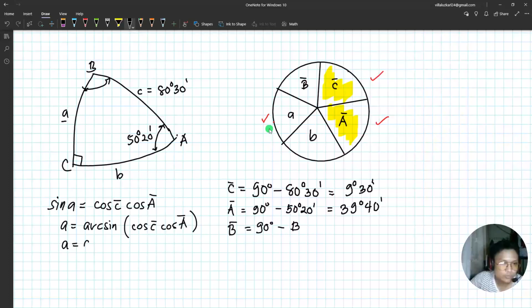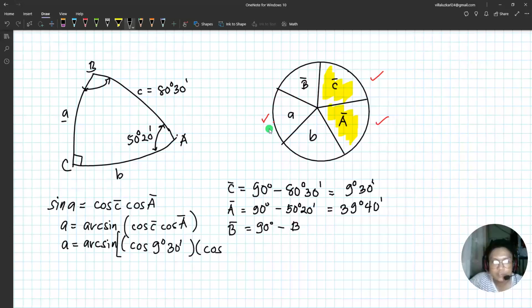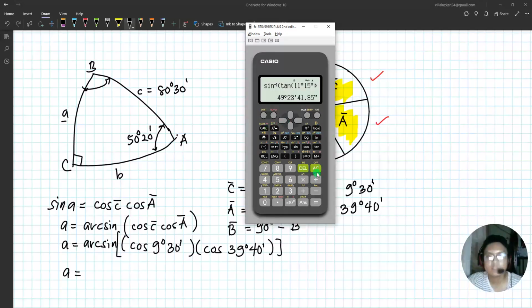Back here again, substitute cosine 9 degrees 30 minutes multiplied by cosine 39 degrees 40 minutes. That's the solution for A. Compute the arcsine of cosine 9 degrees 30 minutes times cosine again of 39 degrees 40 minutes.